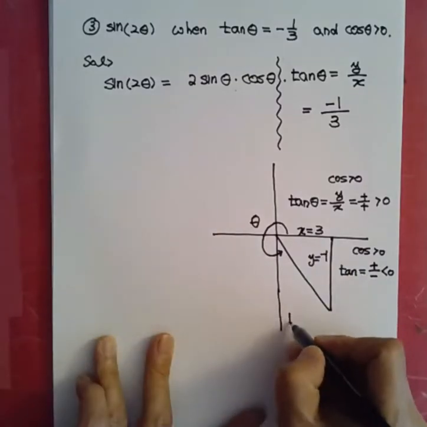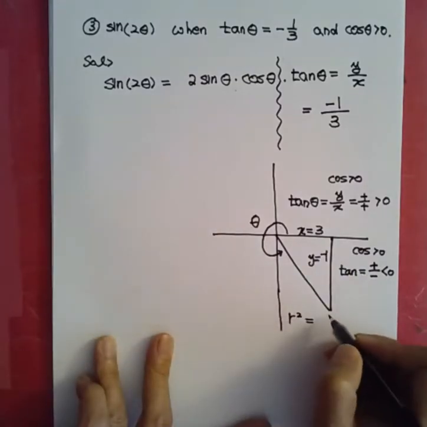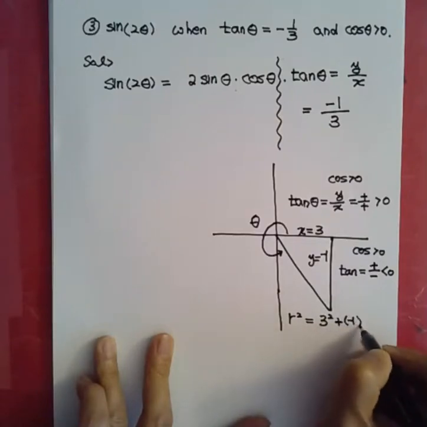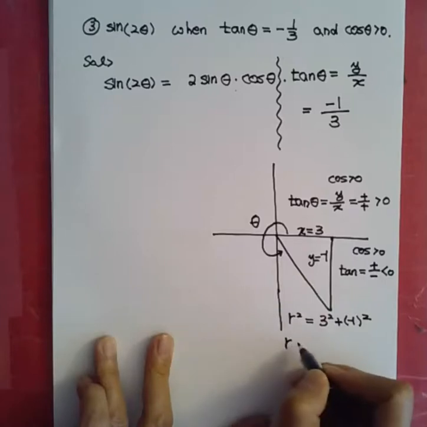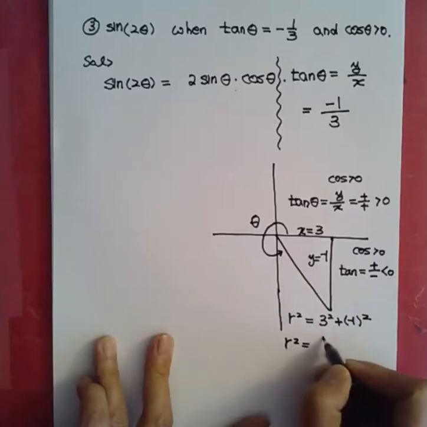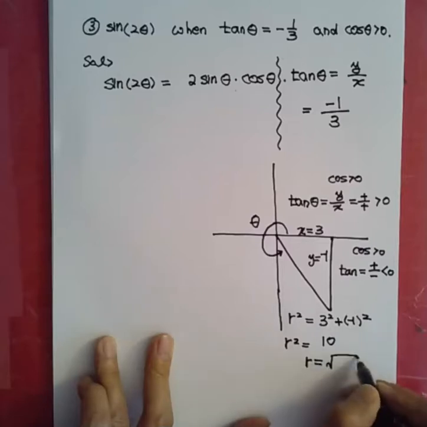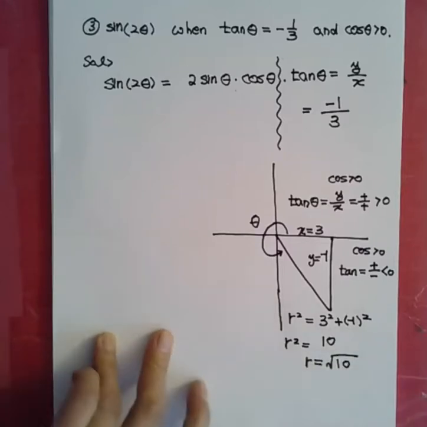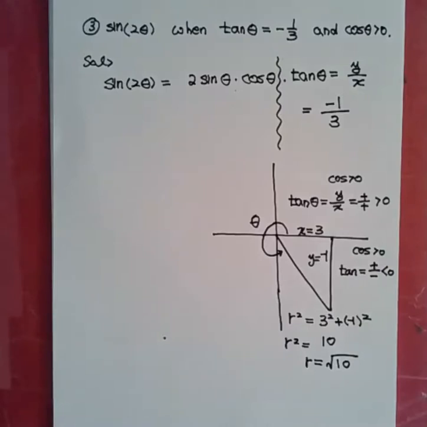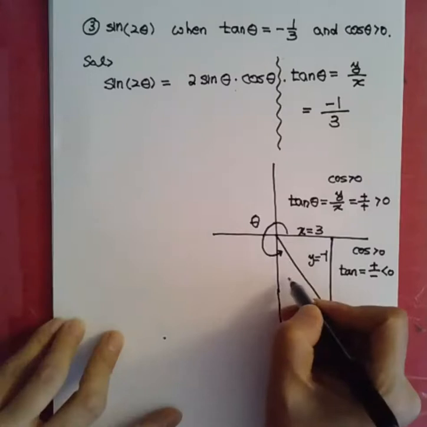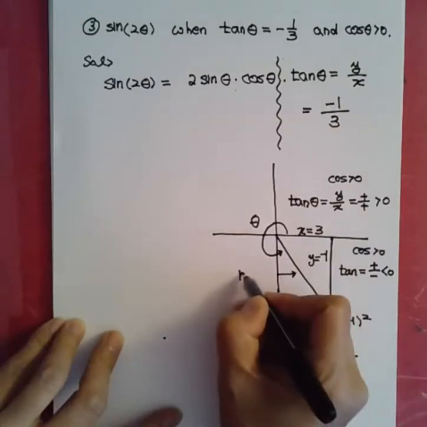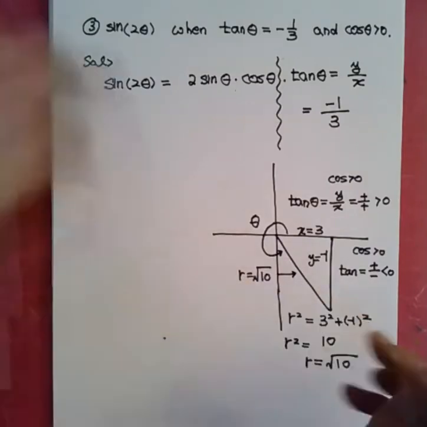And then r squared equals x squared plus y squared, which is 10. So by taking a square root, we have r equals square root of 10.